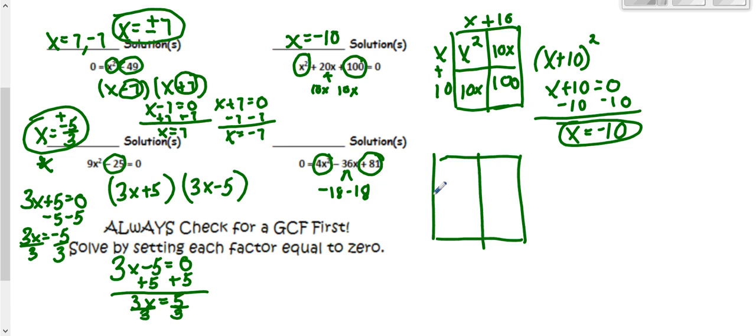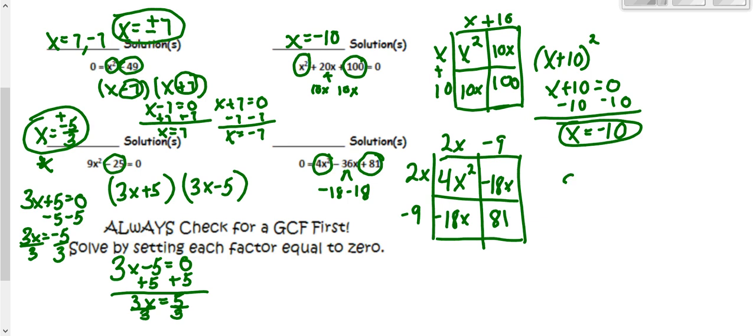So trying that out, I know that this will have to be 2x and 2x to make 4x squared. I know that this will have to be negative 9 to make the negative 18. And negative 9 times negative 9 is a positive 81. So it is a perfect square.